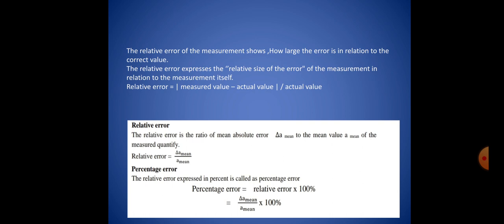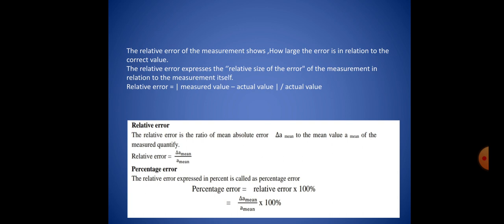So the relative error can also be expressed as the ratio of mean absolute error delta a mean to the mean value a mean of the measured quantity. Therefore relative error is equal to delta a mean upon a mean.